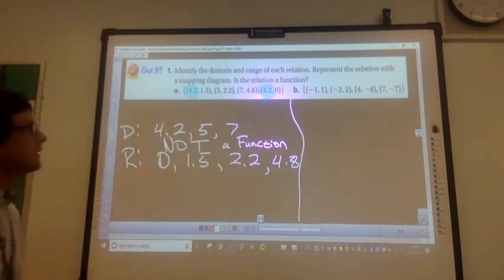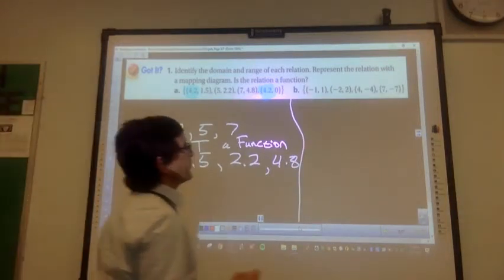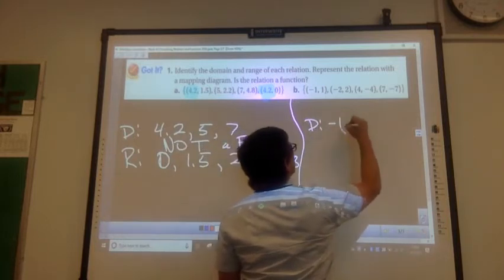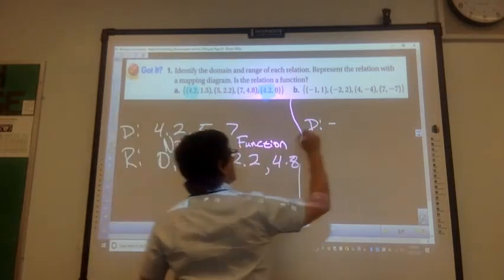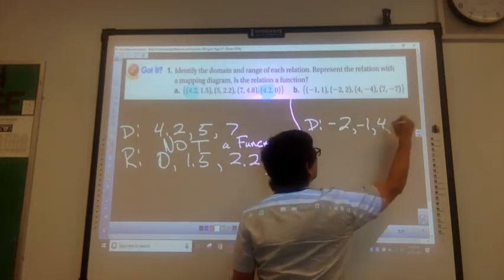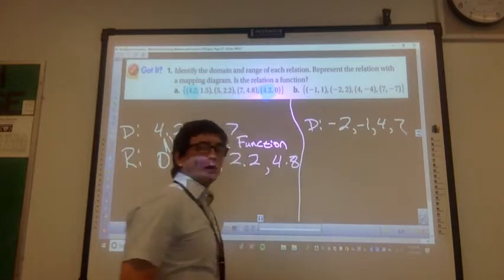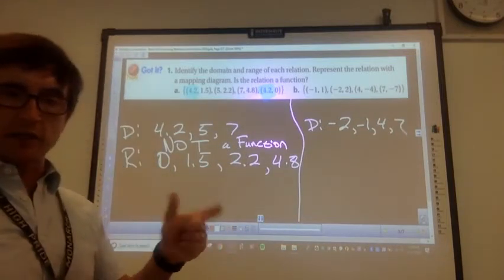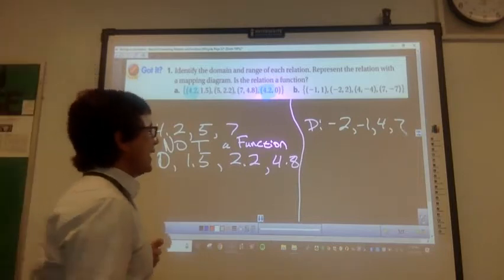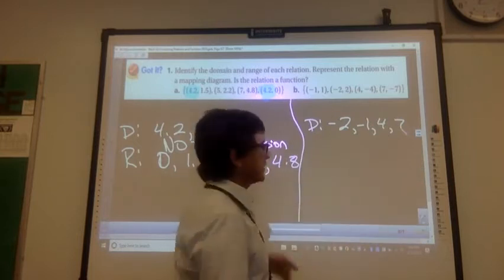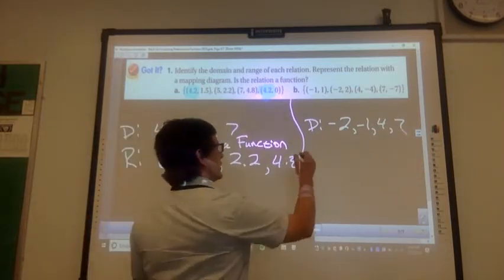Over here, we're going to list domain and range. So domain, we have -2, then -1, then 4, then 7. So if you get confused at all with negatives, it can be confusing. You saw me kind of mix up -2 and -1. -2 is smaller. You could look at a number line if that helps you, just so you don't mess that up.